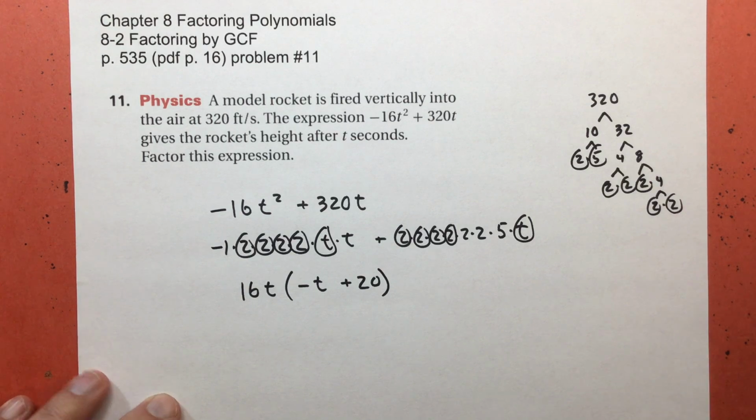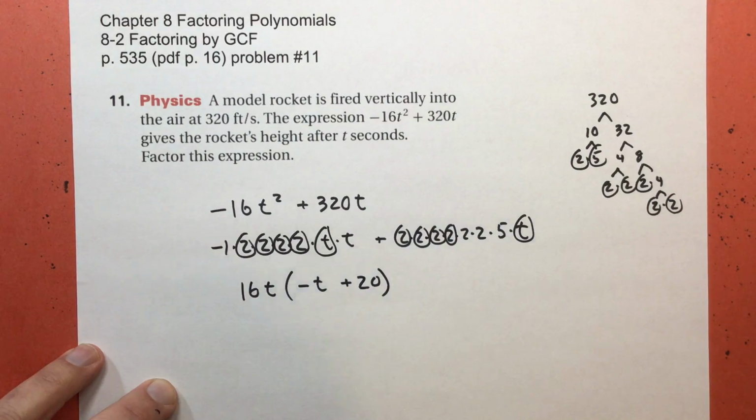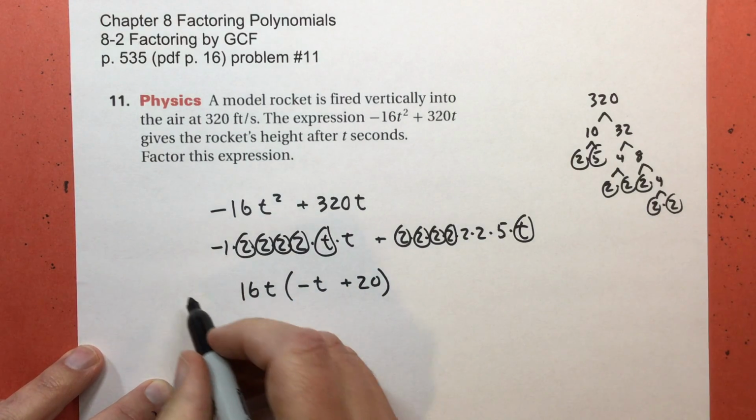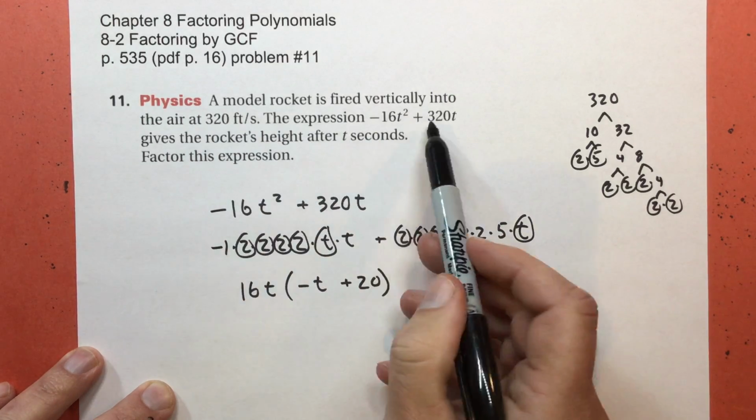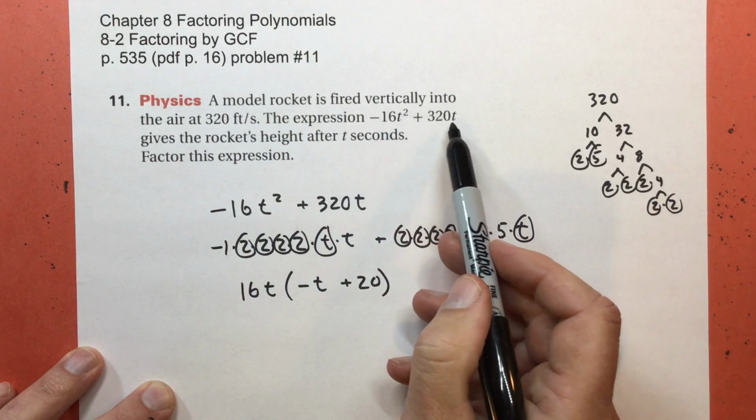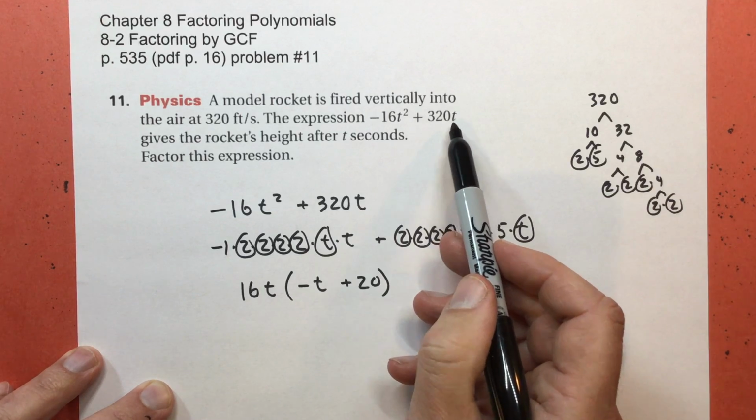Later, when we do this with quadratics, we're going to say, all right, this is the height. This is the measurement of the height for time measured in seconds.